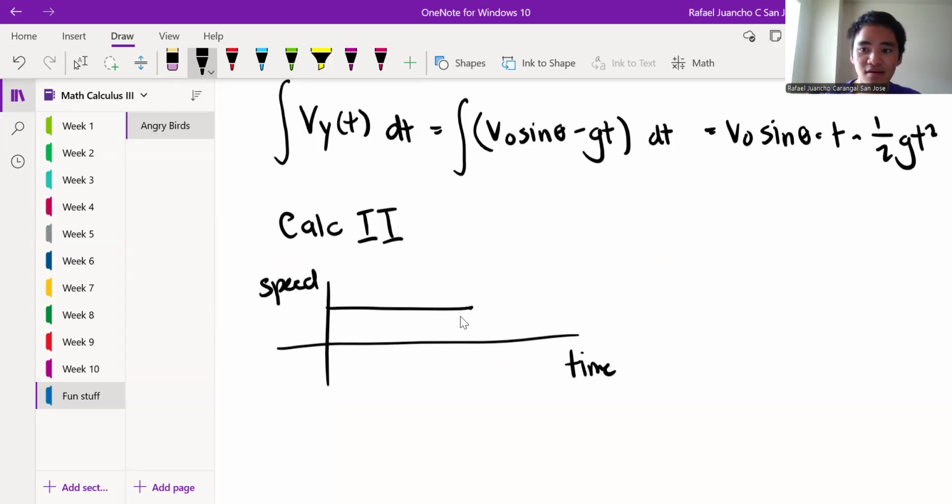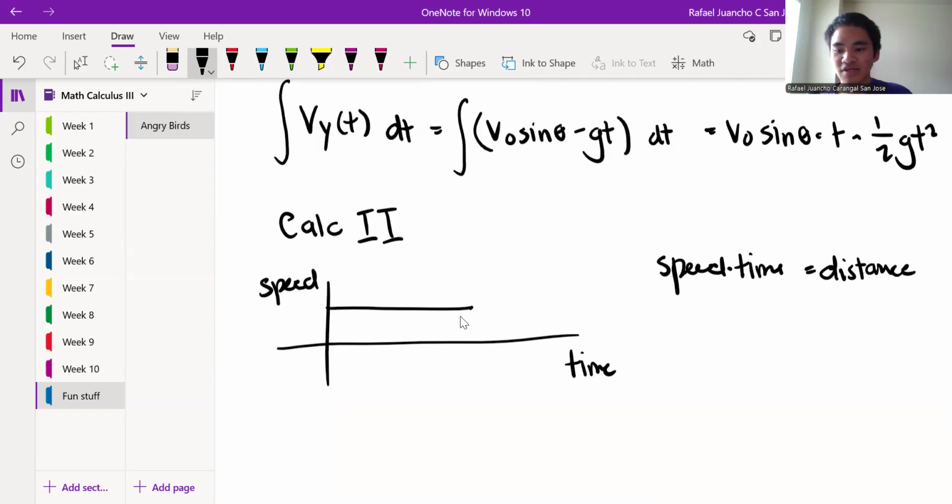Based on some time and some speed, we can get the distance. We just multiply speed and time to get distance, right?